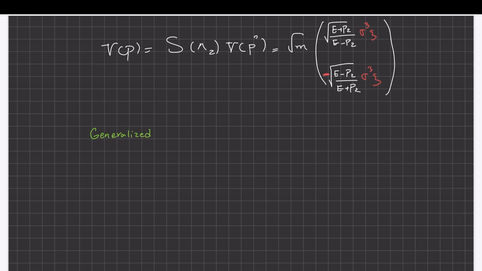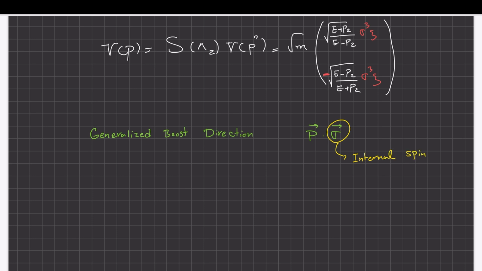Okay. Now let's talk about the generalized boost direction. We just look at the direction along the z-axis. However, it doesn't really matter. In general, if we have any arbitrary direction for p and the sigma, then we are going to have this entity p dot sigma.